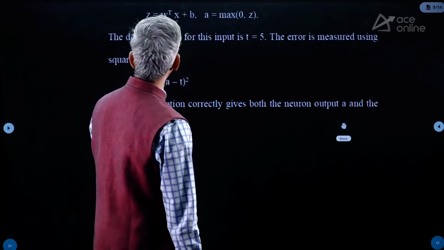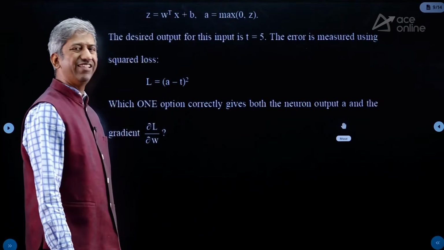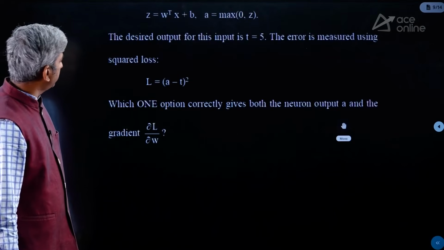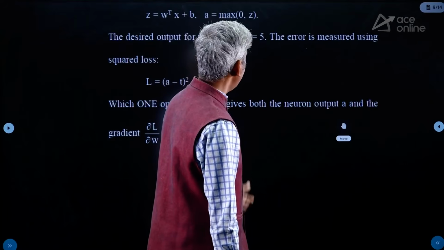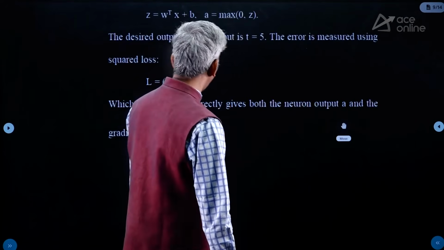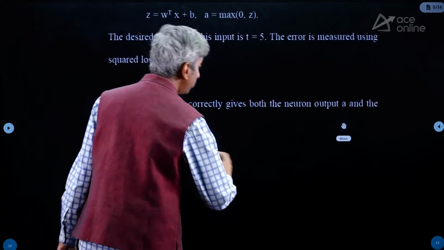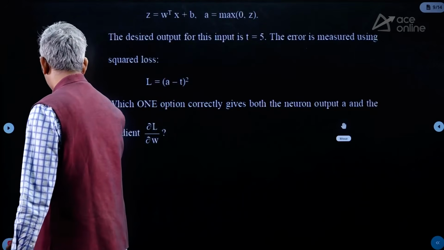The error is measured using squared loss, L is equal to (A minus T) whole square. Which option correctly gives both the neuron output A and the gradient dou L by dou W?